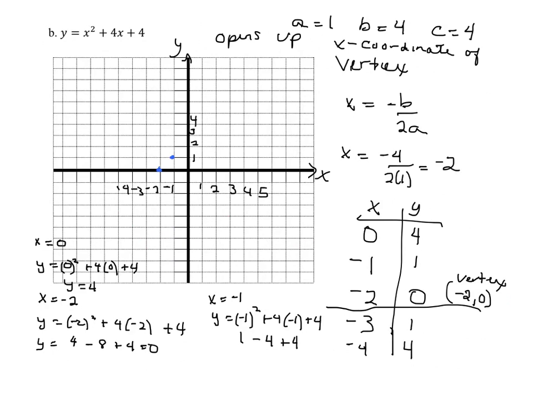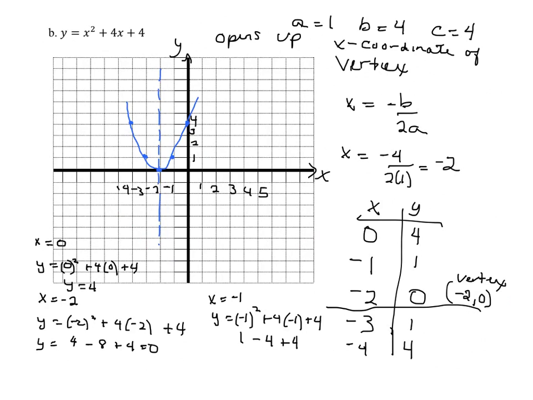Negative 3, 1. Good, because I got my little symmetry going on. I love the symmetry aspect of the parabola. And then 0, 4, and negative 4, 4, and then I can connect.